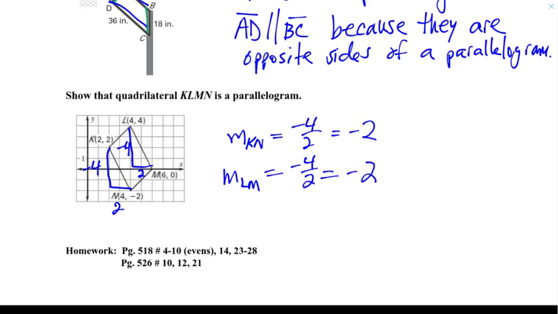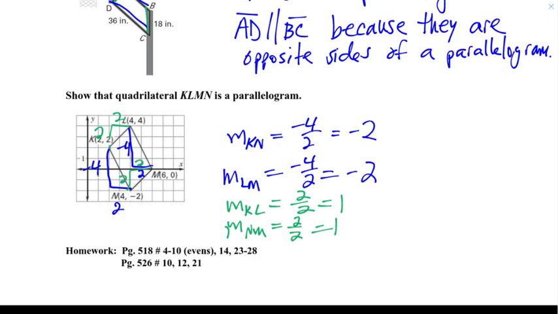And then if I look at the other pair, so KL, looks like we have a rise and run of 2, which is going to give us a slope of 1. And then the slope of NM looks like we're going up 2 over 2, which again is the slope of 1. So once we identify all of those slopes, let's just summarize this.